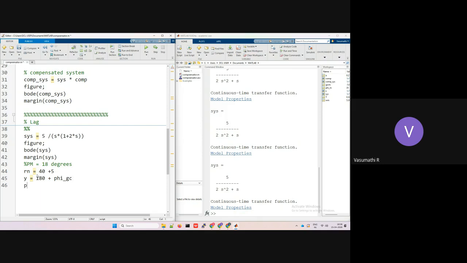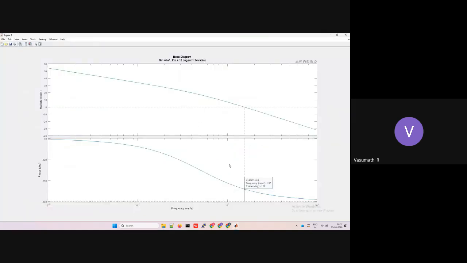What does phi GC mean? It is the phase at the gain crossover frequency. So first you need to know the gain crossover frequency, right? In your Bode plot, gain crossover frequency occurs when the magnitude is equal to 1.